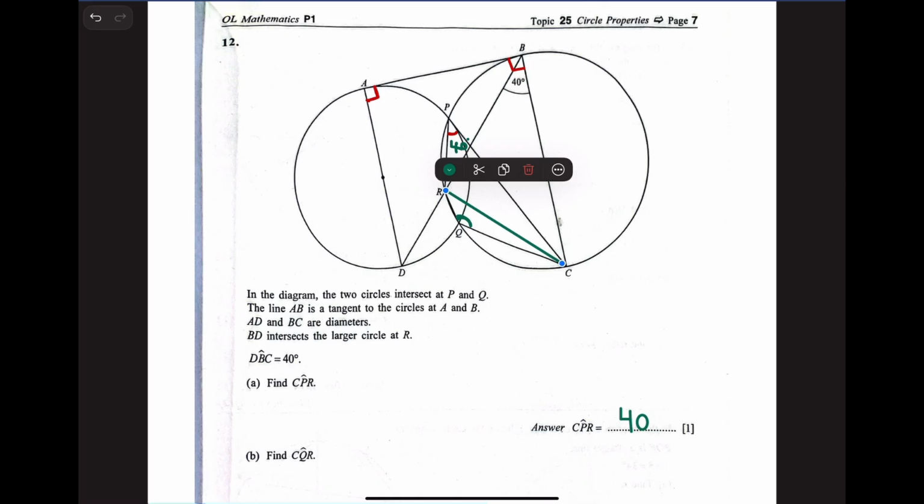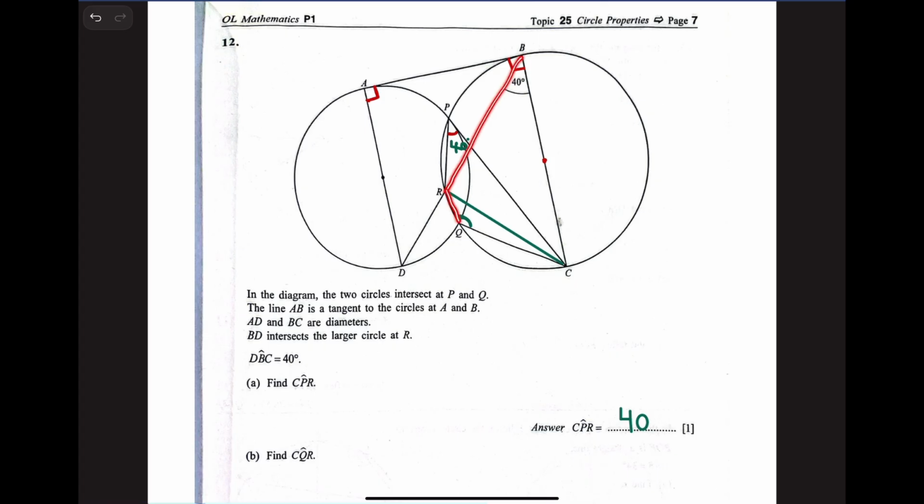If this is 40, this angle and 40 should add up to 180, because the opposite interior angles of a cyclic quadrilateral are supplementary.